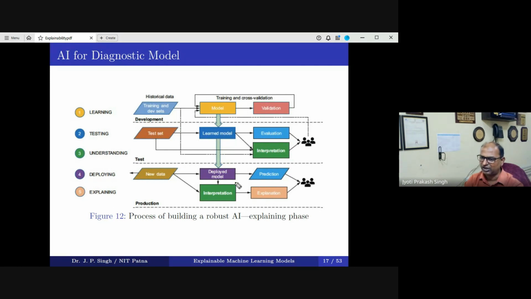In this talk, I will mostly concentrate on interpretation, because if we have interpretation, we can make it explainable also. Most of the research nowadays considers only the interpretation part. If the model is interpreted at least, then we can add explanation. We'll also see the difference between interpretation and explanation.